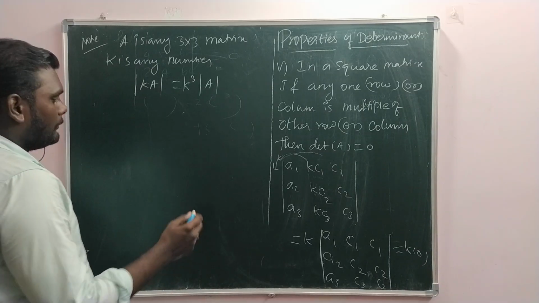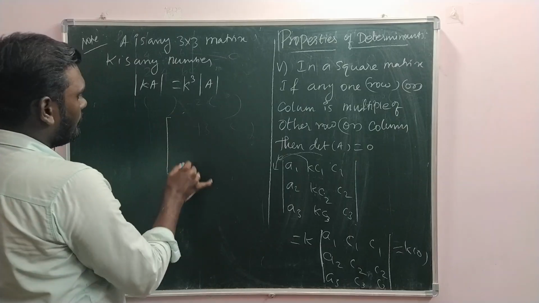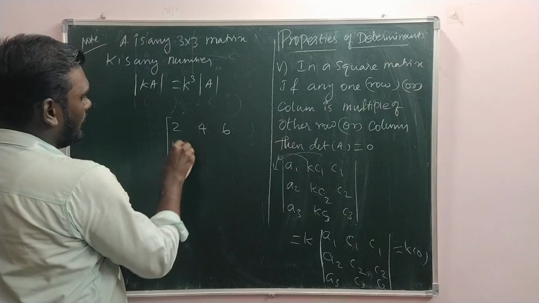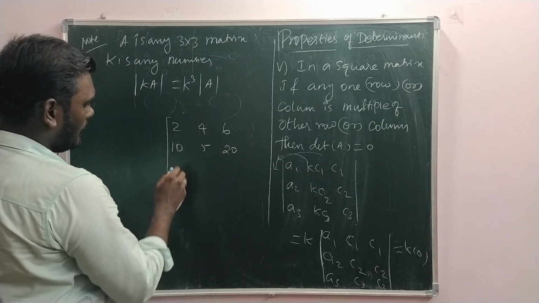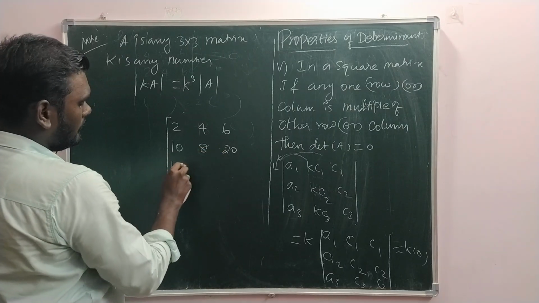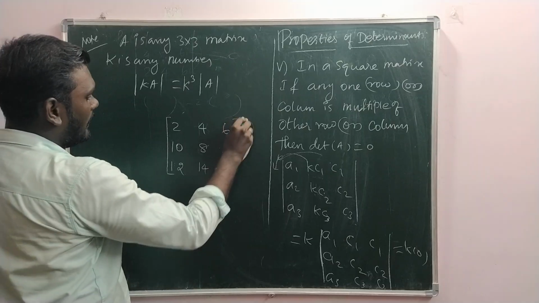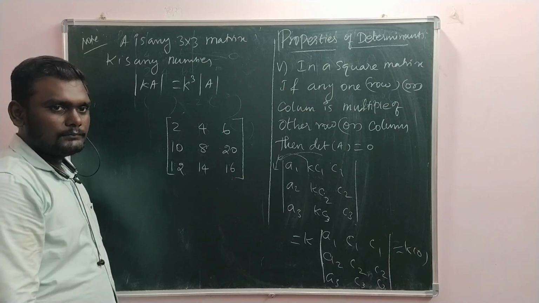Okay. So suppose you find a matrix like 2, 4, 6, 10, 8, 20 and then 12, 14, 16. This is one matrix. What do you observe here?